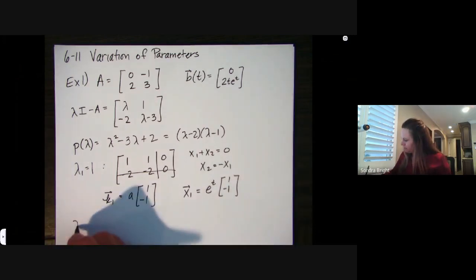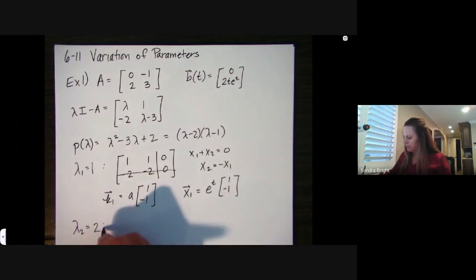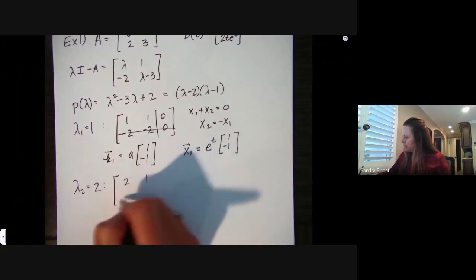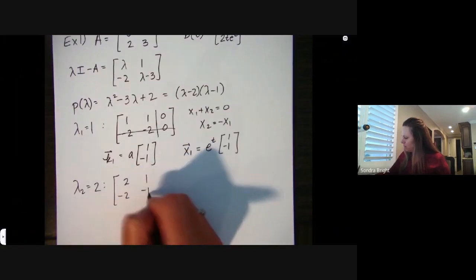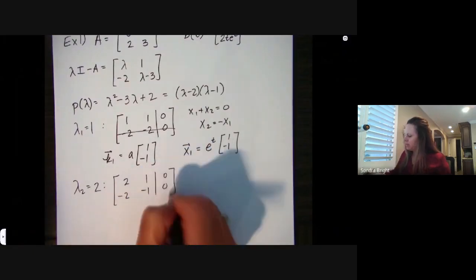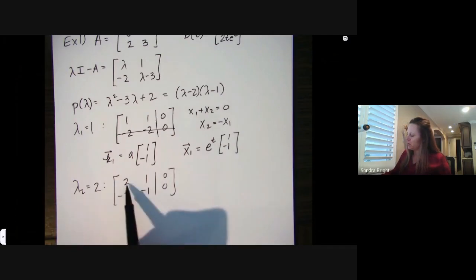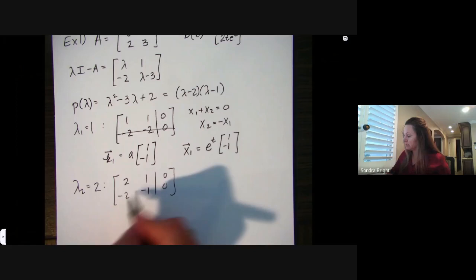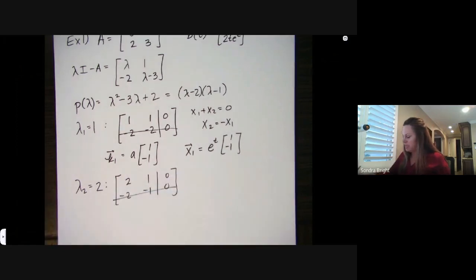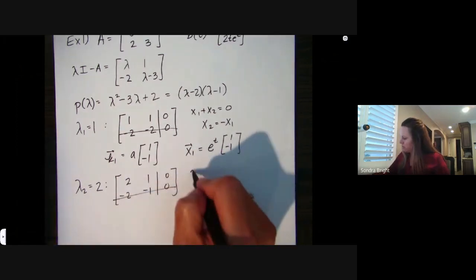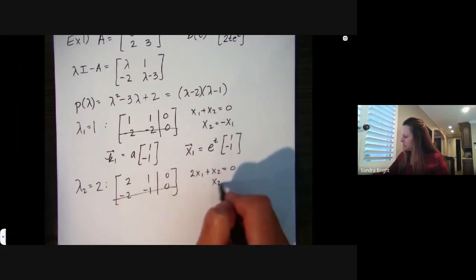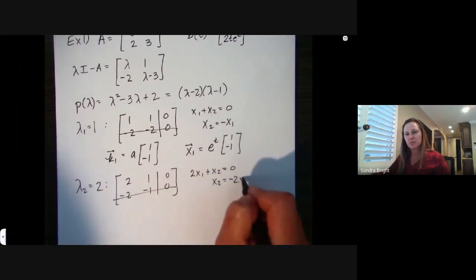For the second eigenvalue, which is 2, plugging that in will give me 2, 1, negative 2, negative 1. Row 1 plus row 2 will zero out that second row, and you would be left with 2x1 plus x2 equals 0, which means x2 is going to equal negative 2x1.